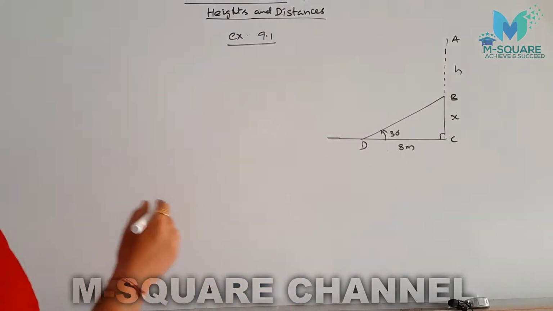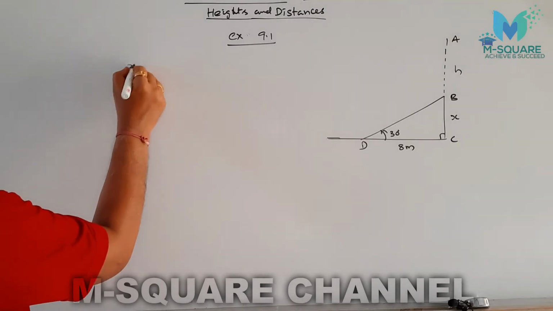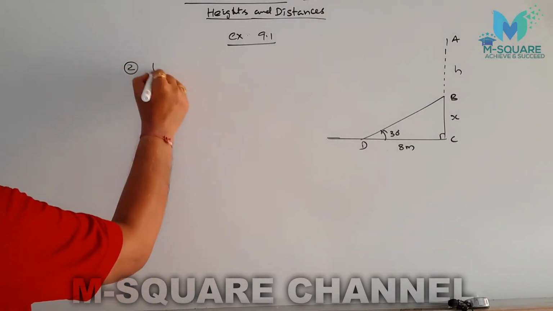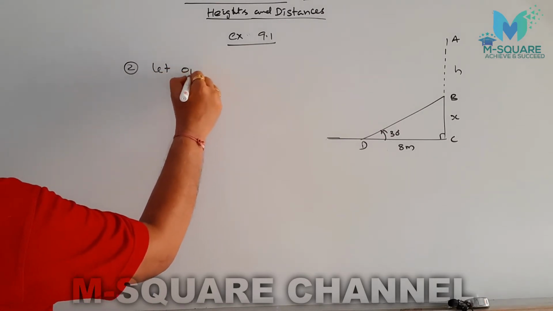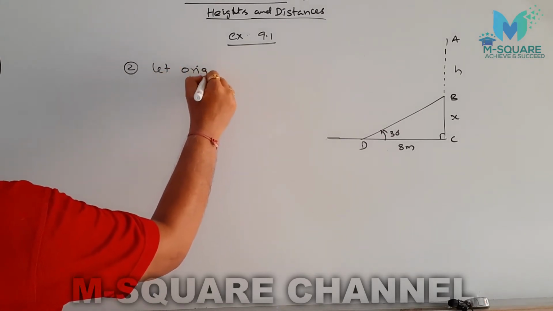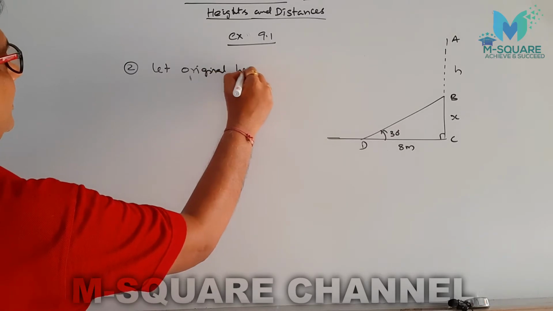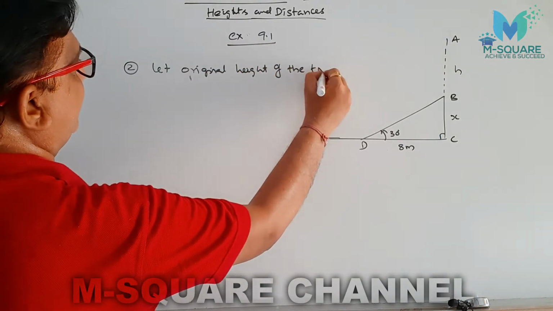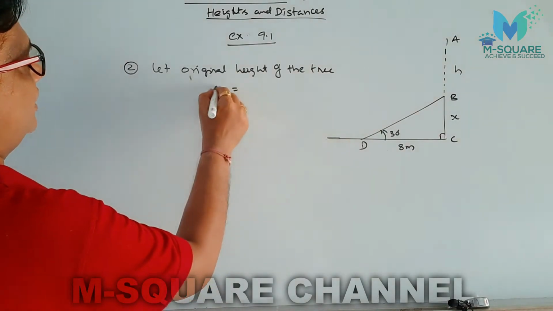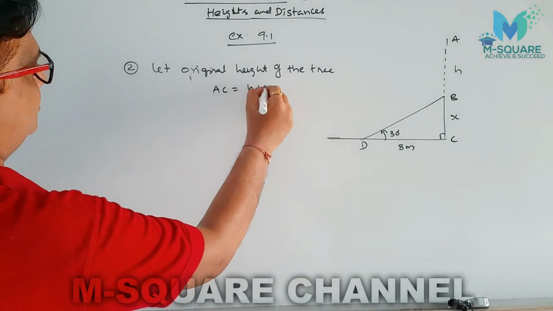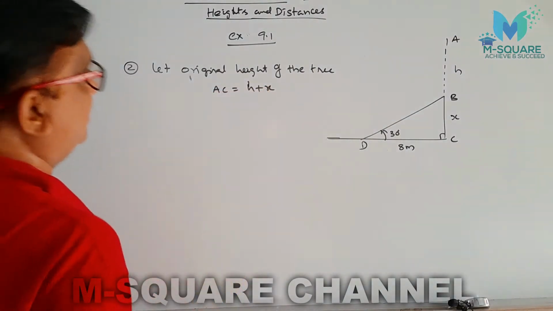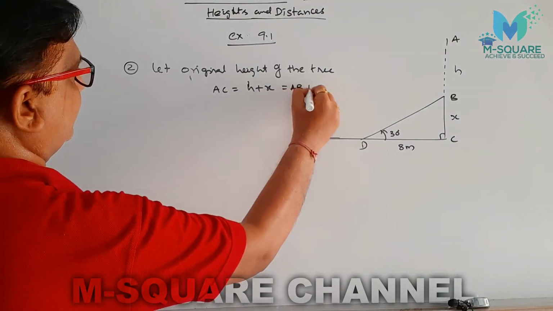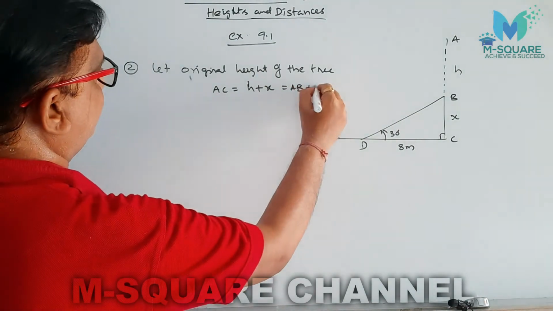Now first we write about the question. Let the original height of the tree equal AC equal to h plus x. Otherwise you can write it as AB plus BC.